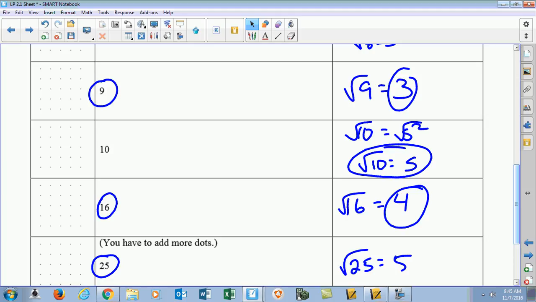Irregular shapes, those squares that are tilted, not so much. Find the square root of 10 on your calculator. What is it? It should be like 3.16. So it goes on forever, right? It doesn't work out to be a nice number. All right, so that's how we can find our side lengths, just by using that formula.